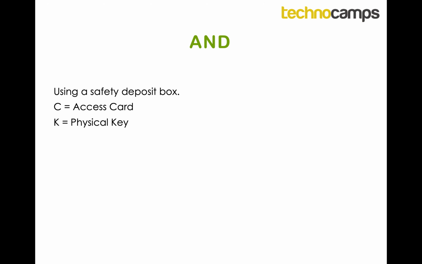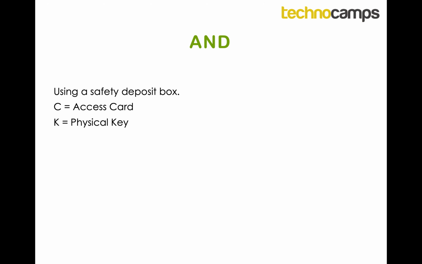Whereas here in Halifax and Lloyds and other banks, what you have is a room for which you need an access card. You can search for safety deposit boxes in Halifax or Lloyds, and it will give you a video of how it looks. So ideally, you will have an access card with which you go to the room where your safety deposit box is, and then you either have to have a physical key or touch your fingerprint to actually open the box.